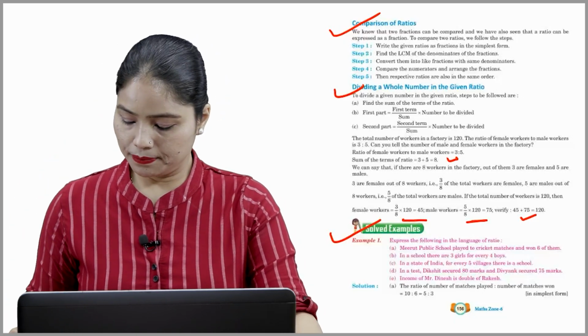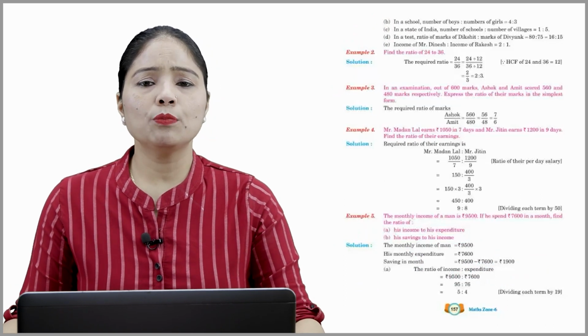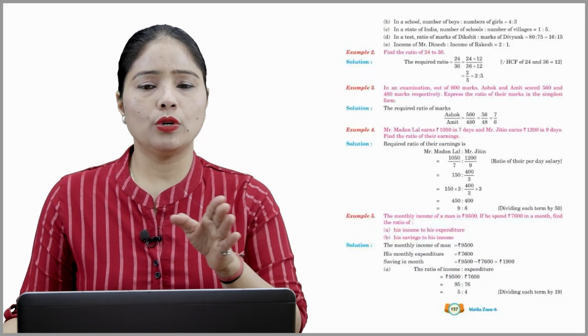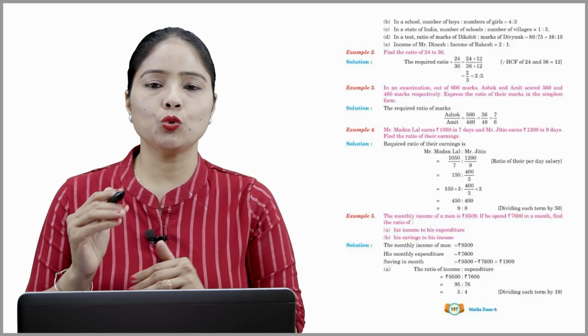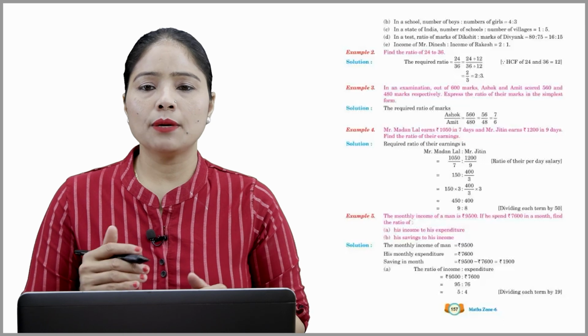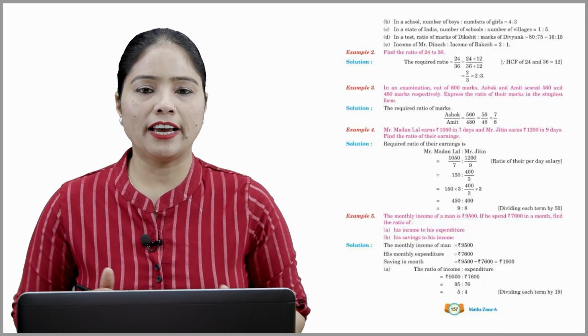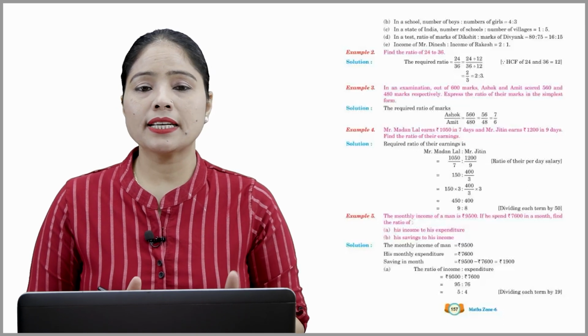So now next. B. In a school, number of boys to number of girls. So 4:3. Okay. C. In a state of India, number of schools to number of villages is 1:5. D पार्ट का answer है बेटा.